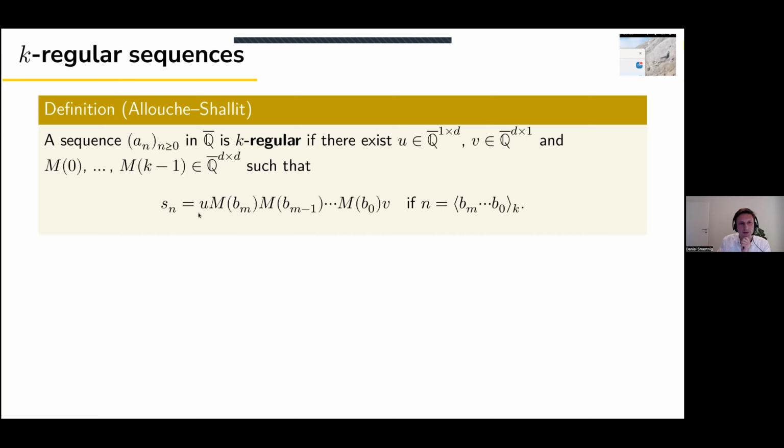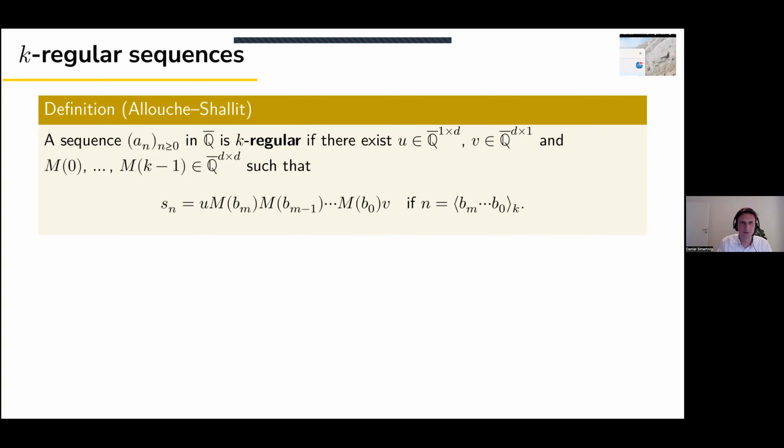And we compute the term of the sequence in the following way. We have some fixed initial starting vector v. And then as we read the digits from right to left, we apply these matrices corresponding to the digits to our vector. We end up with some column vector, and we multiply that with a row vector to get a number. And this is the value of the sequence.